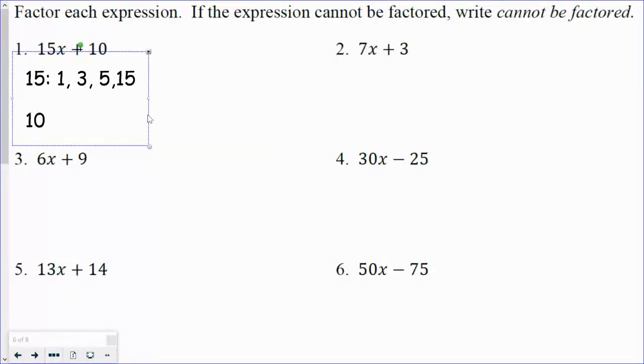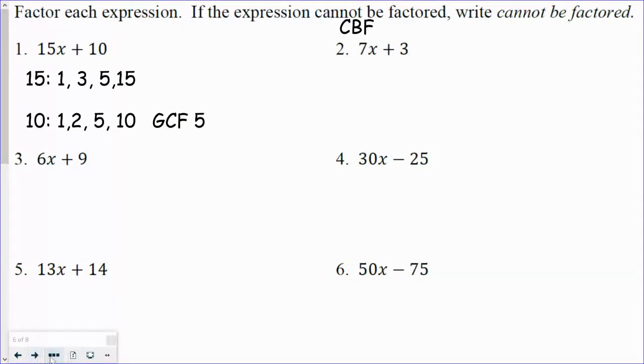Okay, the numbers that go into 10: 1, 2, 5, and 10. So we could say our greatest common factor is 5.